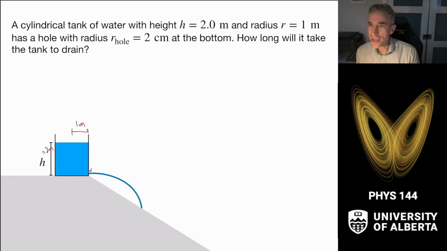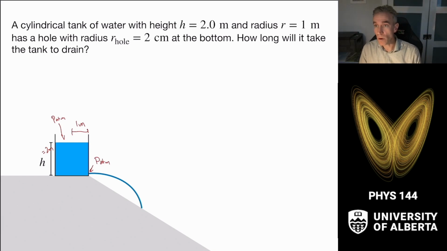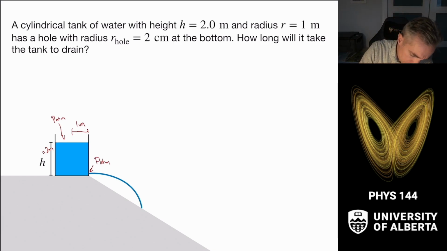This is a Bernoulli problem, and it's kind of interesting because the pressure inside the fluid here is the atmospheric pressure. So there's an atmospheric pressure at the top, and then when the fluid comes out here, there's also an atmospheric pressure. And what we do is we consider the flow at the top as one point.